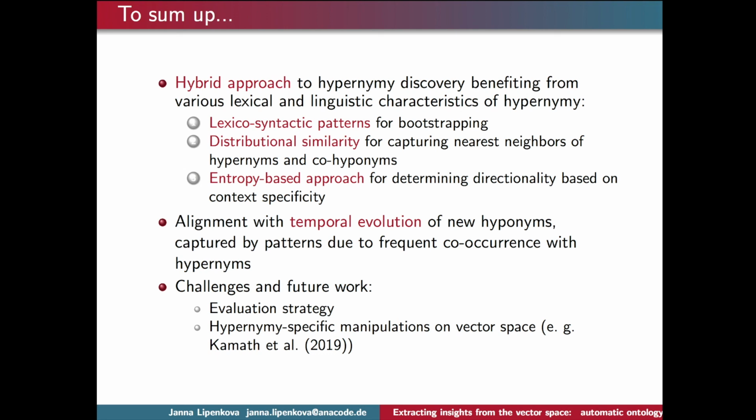And finally, we use an entropy-based approach to determine the directionality based on context specificity. We have seen very nicely that this also aligns with this empirical evolution of new hyponyms in time, which are captured by patterns due to the frequent co-occurrences with their hyperonyms.